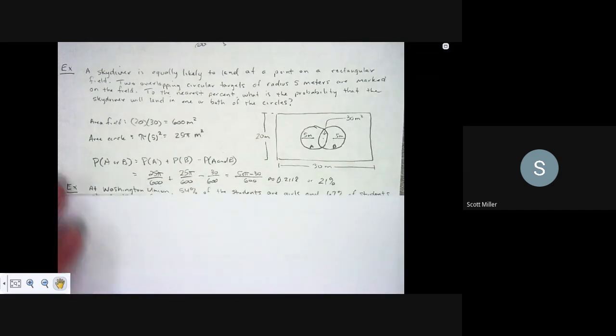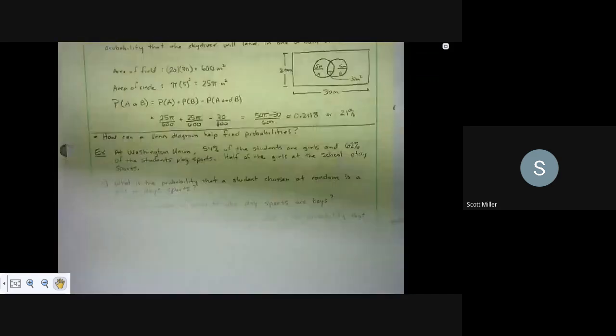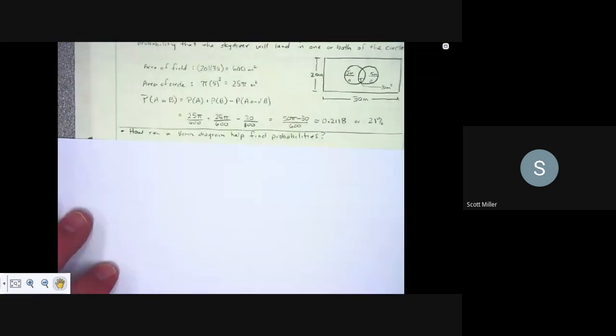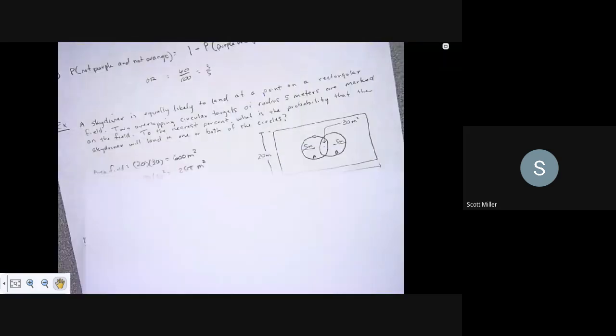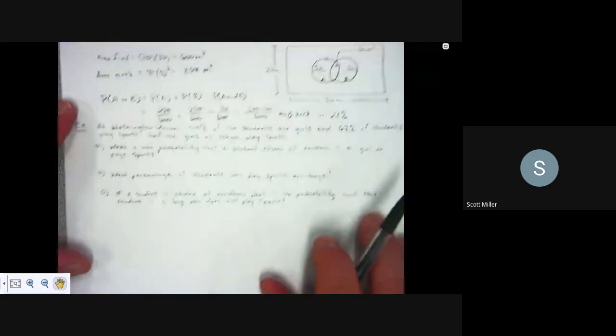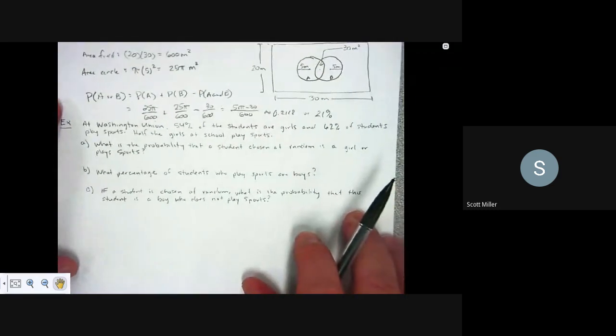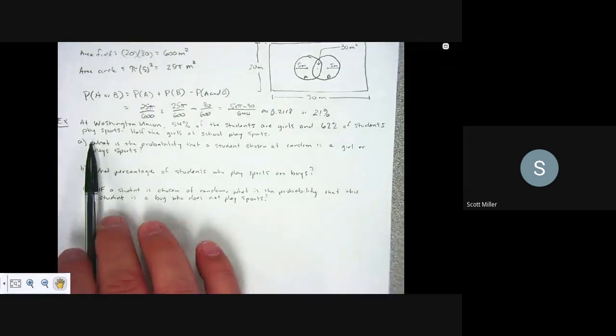Okay. So the next question we have comes from this. How can a Venn diagram help find probabilities beyond what we just were doing? Okay, so here's a new problem. At Washington Union, 54% of the students are girls and 62% of the students play sports.